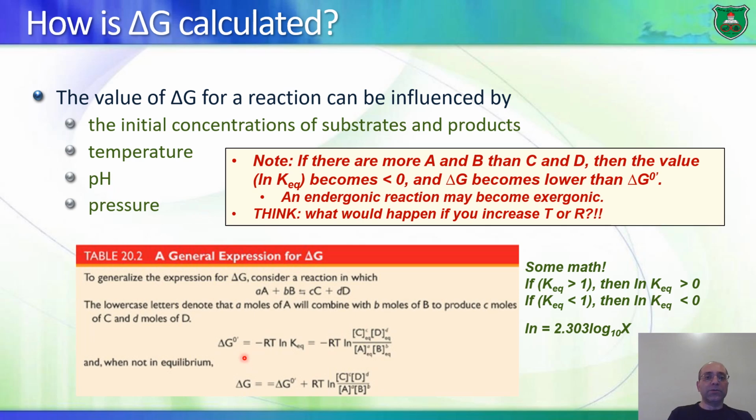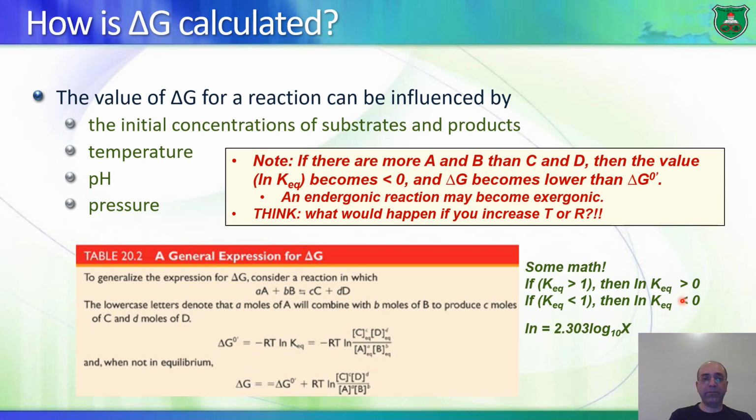Now, so we want to calculate this, okay? And it would be equal to delta G naught prime plus RT, the gas constant times the temperature of the system, times the natural log of the concentrations of products over the concentrations of reactants. Now, here's some math. If the equilibrium constant is more than 1, meaning that you have more products than reactants, this means that the natural log of this value would be more than 0.